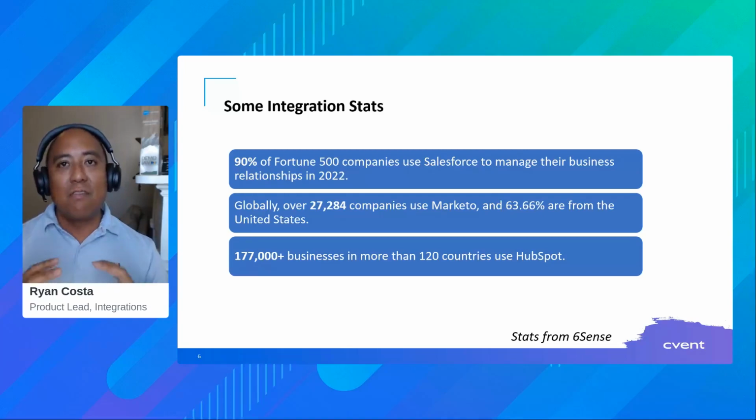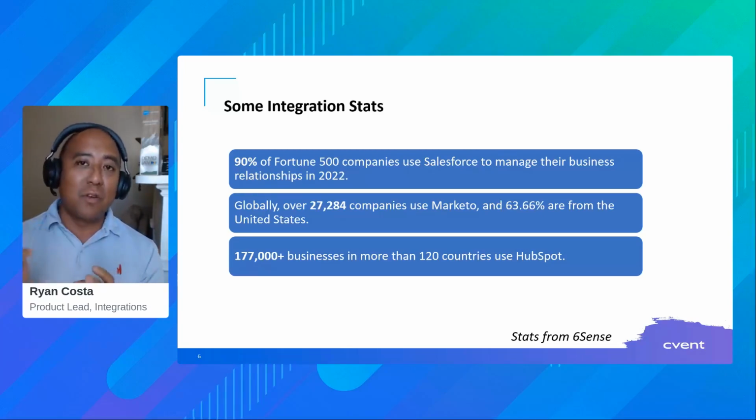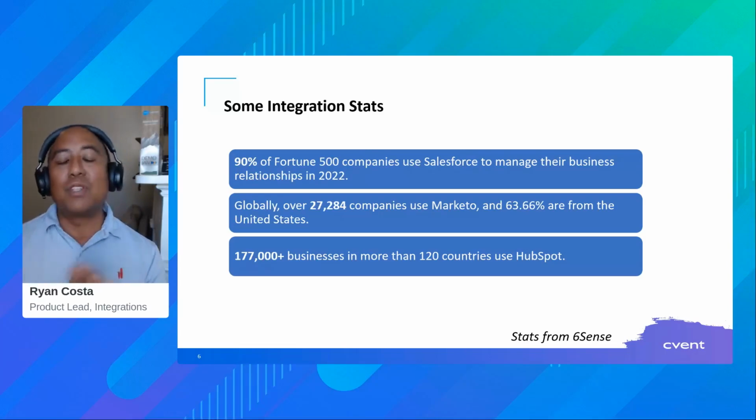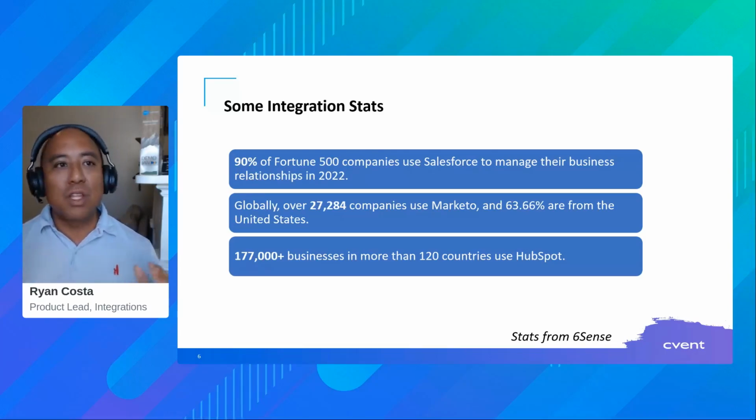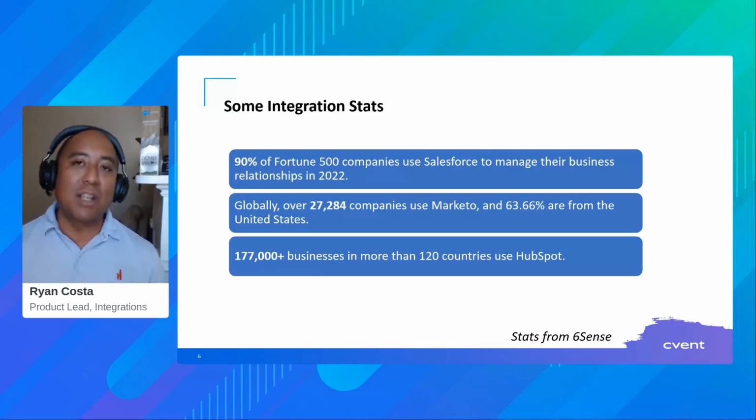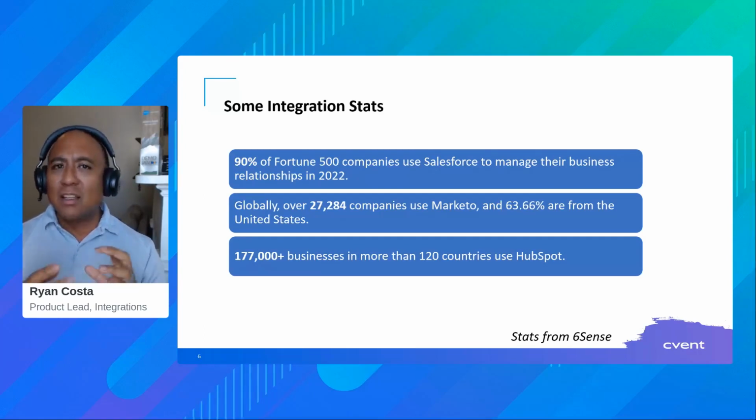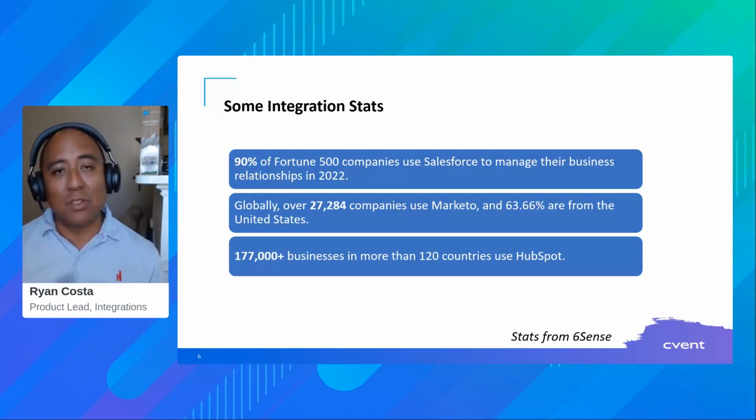So we want to see that integration increase, because you're going to see from today's discussion what the real utility is of integrating. Same thing with Marketo: only 3% of the Cvent customer base is integrating with Marketo. And in some cases it's low hanging fruit to be able to do these and really see the impact of those integrations.